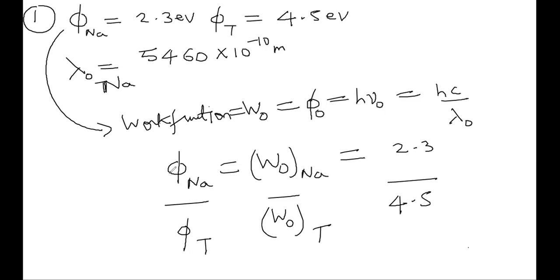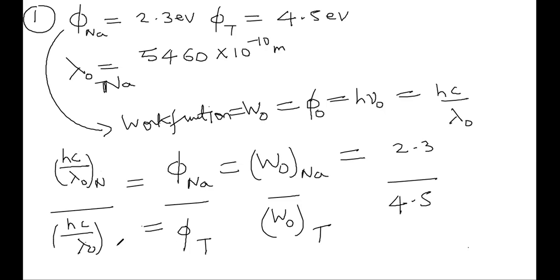But individually, what are the formulae of these two work functions? It's hc by lambda naught. So it will be hc by lambda naught of sodium divided by hc by lambda naught of tungsten. This is just like the second problem. Is this understood till here?